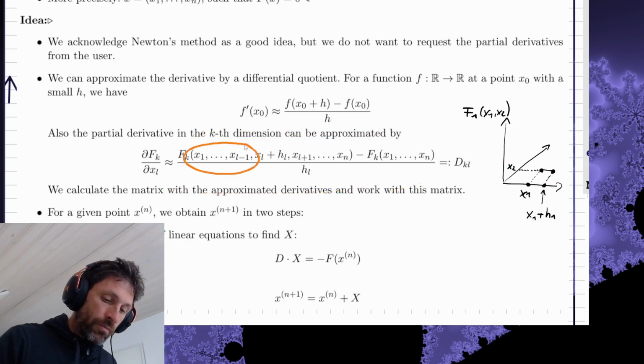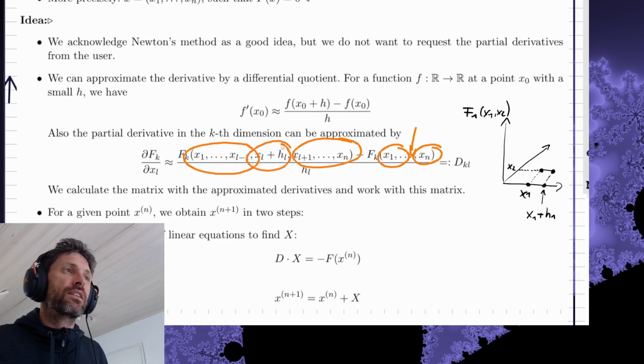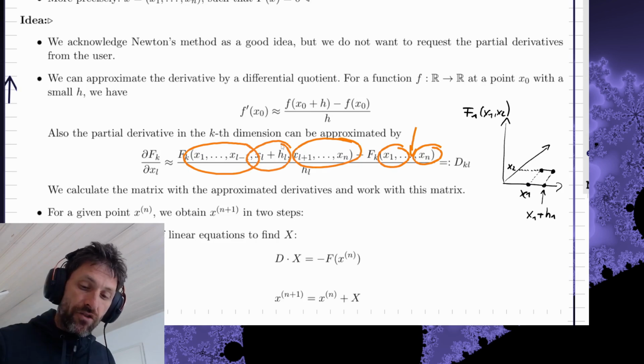There are some arguments untouched, and then there is a block of arguments untouched, and in the middle there is an argument xl plus hl, and this one is touched, and that's the path from here to here.